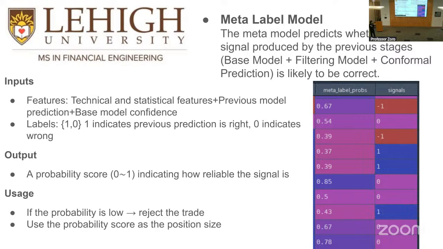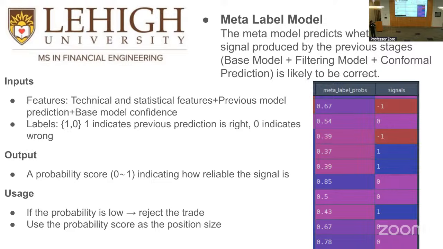Okay, after we get our final trading signal prediction, we want to know whether the signal is right or wrong. We want to know how reliable the signal is. So we build a meta-label model. The meta-label model predicts whether a trading signal produced by the previous stage is likely to be correct.